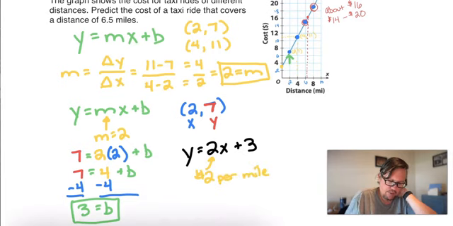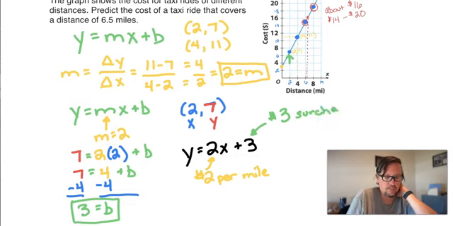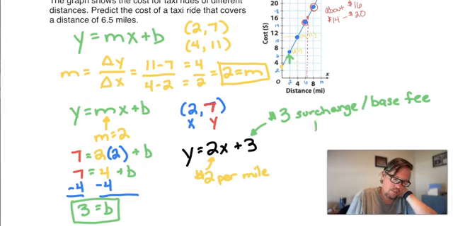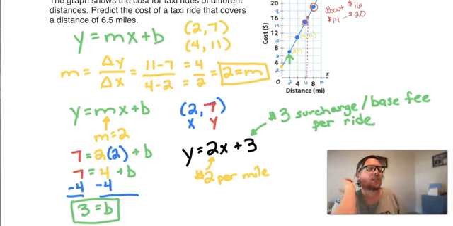And the y-intercept of 3 means there is a $3, as we'll just call it a surcharge, or like a $3 base fee just to get in the cab in the first place per ride. Okay, that's what those numbers mean. $3 to get in the cab and then $2 per mile.